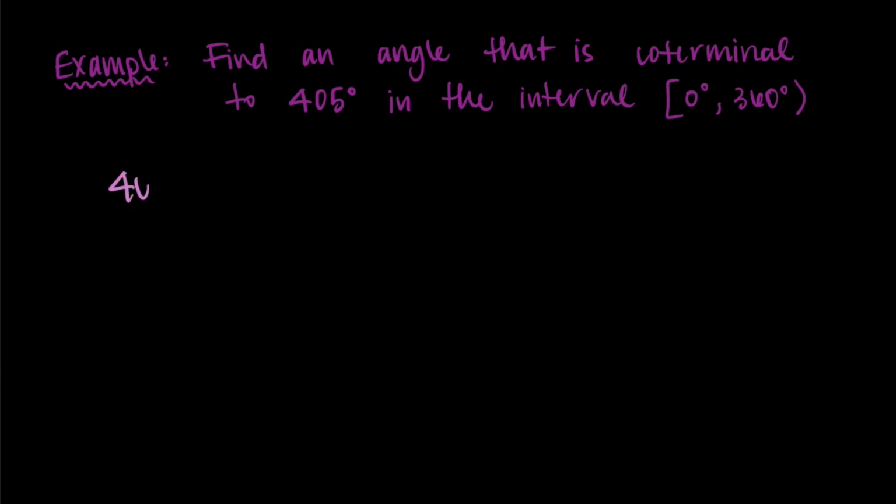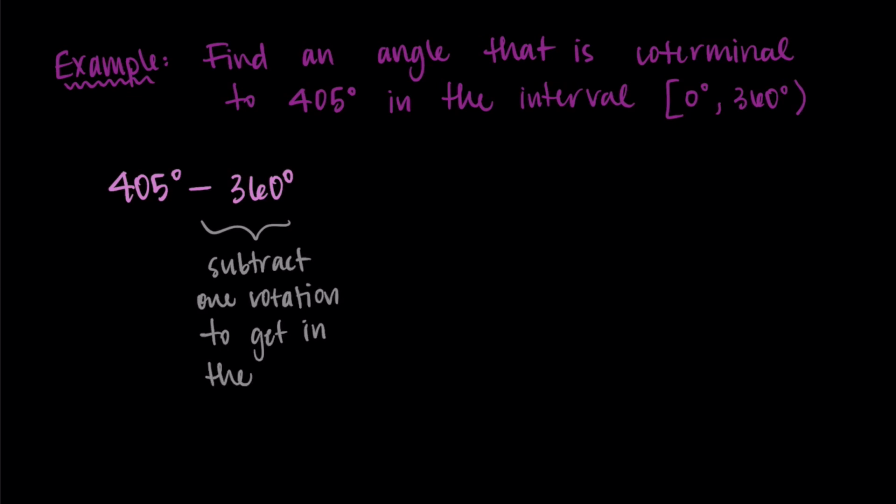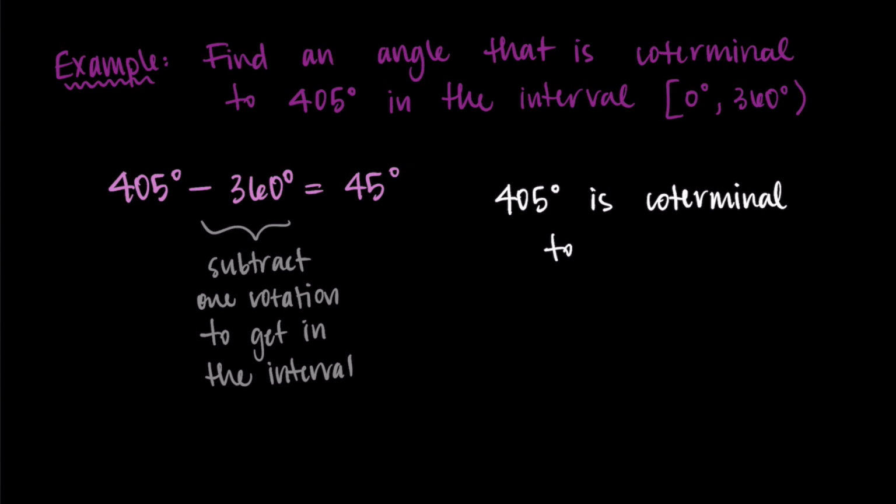So the way we're going to do this is to subtract one rotation to get us down to that smaller interval. So I'm going to subtract 360 degrees from my 405 degrees, and I'm getting 45 degrees. So we've taken away one full rotation to get us into the right interval, and so we can now say that 405 degrees is coterminal to 45 degrees.